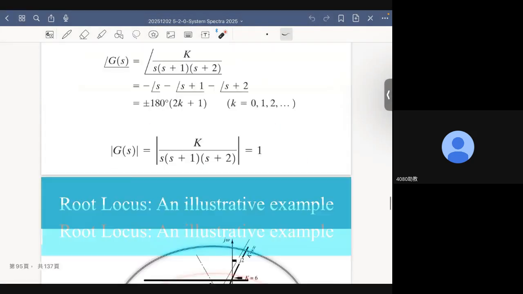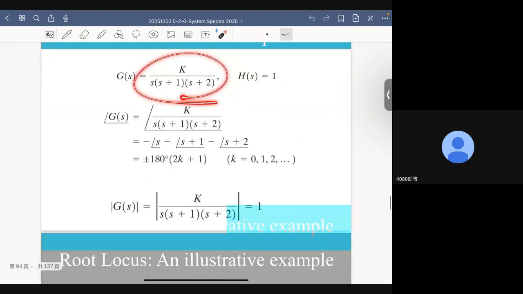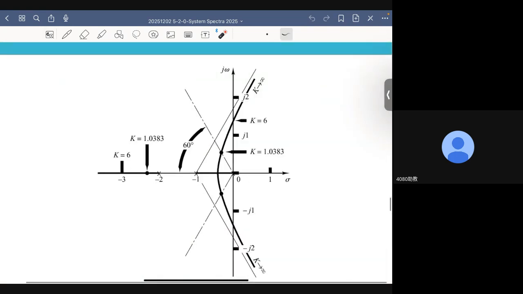Just like this figure, which has this loop transfer function, all right? Here, as I told you, when I increase k, the locations of the poles move to different places, okay? And here, when the value of k increases to 6, at least 2 of the poles are located on the imaginary axis.